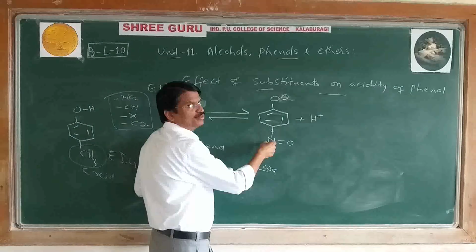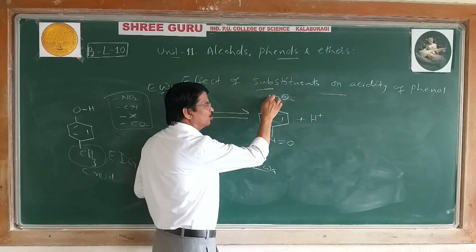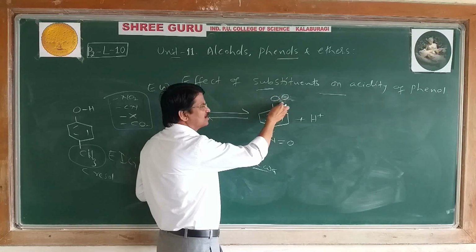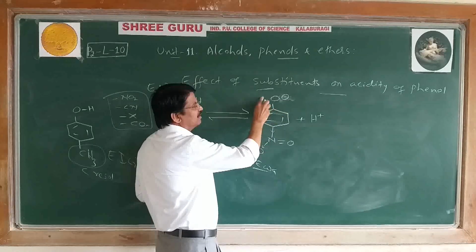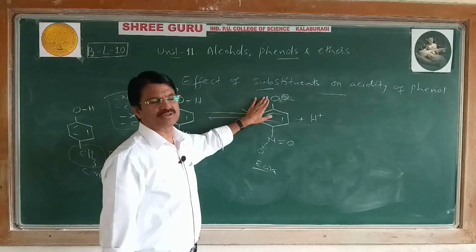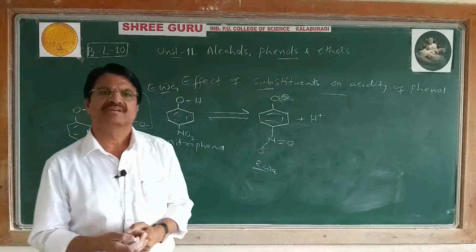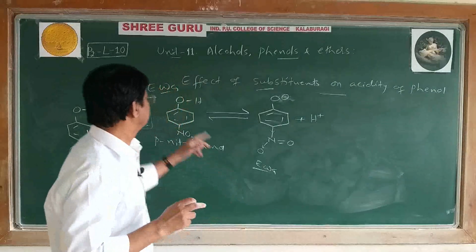And it also decreases the electron density on O. If the pi bonds or negative charge shift this side, the electron density on oxygen decreases. If electron density decreases, the OH bond is weak.